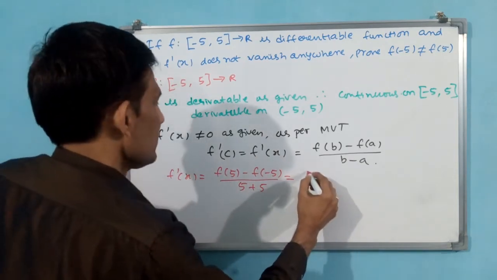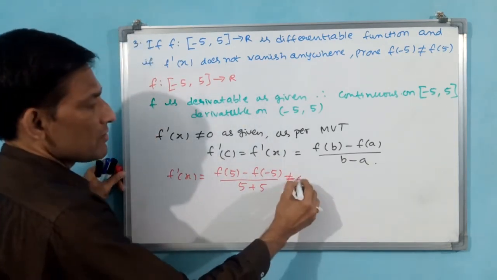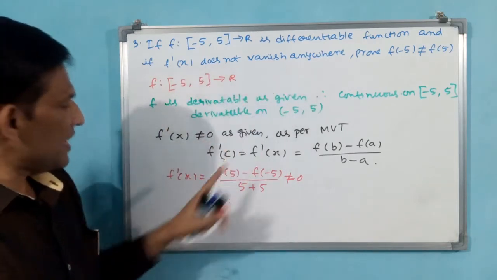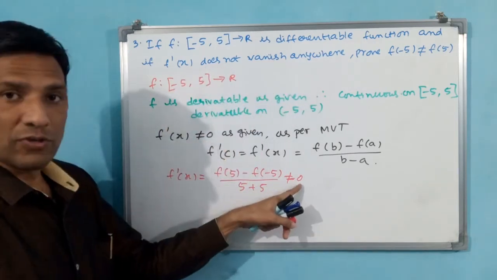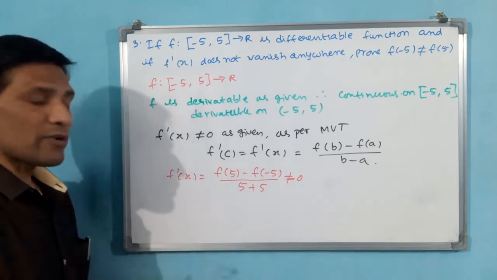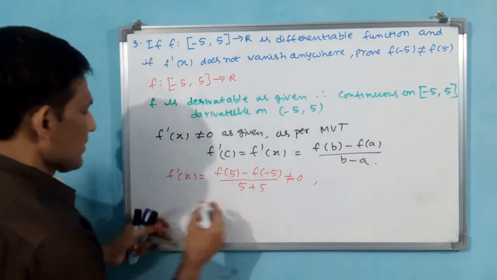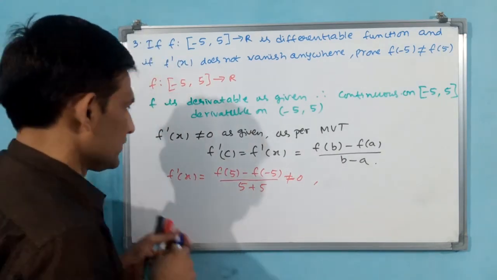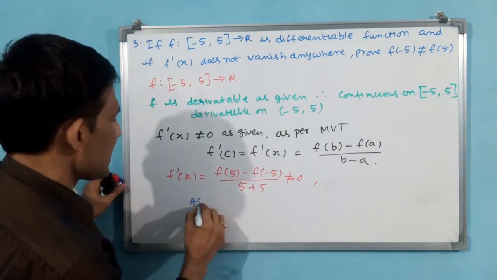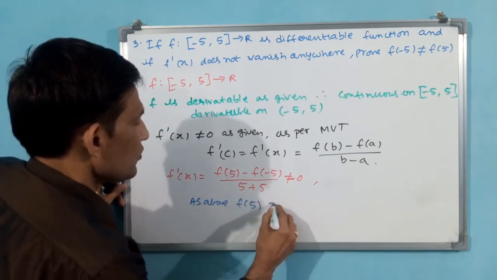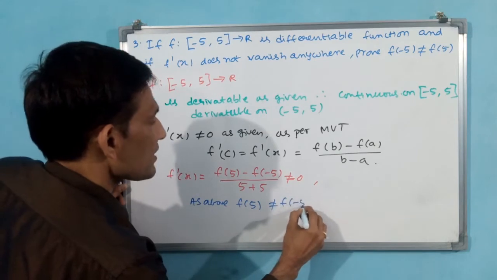This is not equal to 0. Why? Because f dash x is not vanishing, which means f dash x is not equal to 0. Not equal to 0 means what can you write? As above, f of 5 should not be equal to f of minus 5.